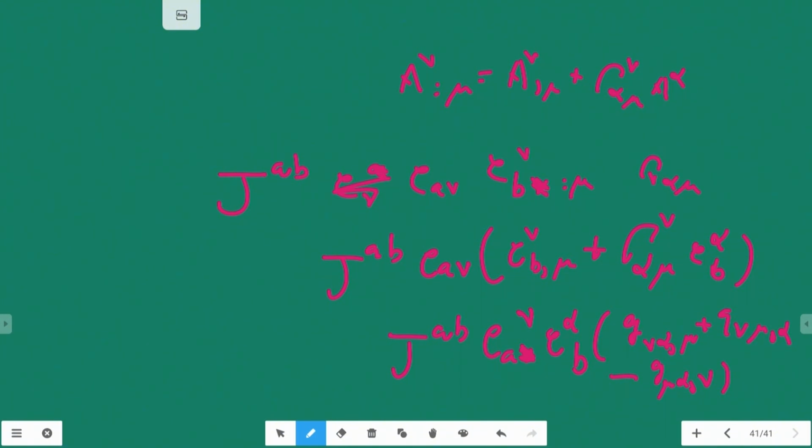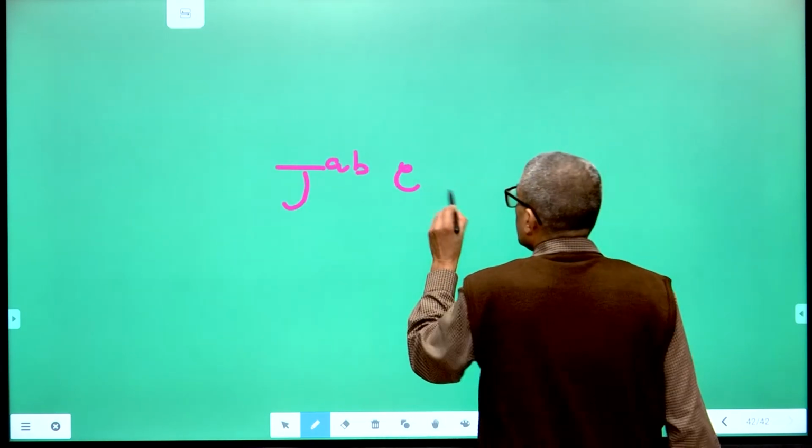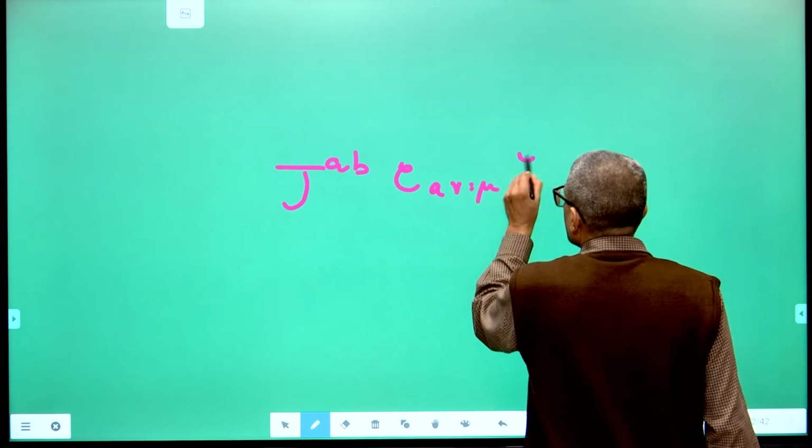If you interchange ν and α, it will come out to be right. Okay, it should be. Let us try to write it in a different way. Let us look at J_AB E_A^ν double dot μ E_B^ν.